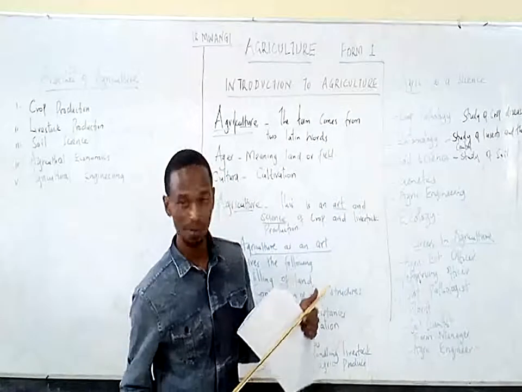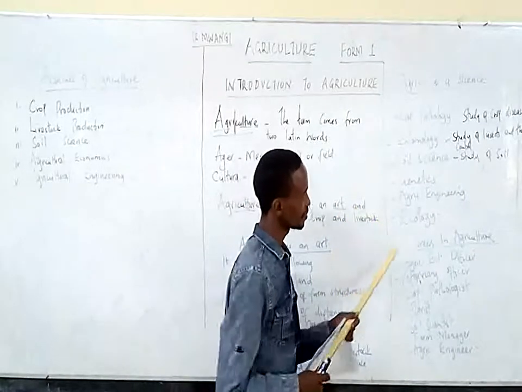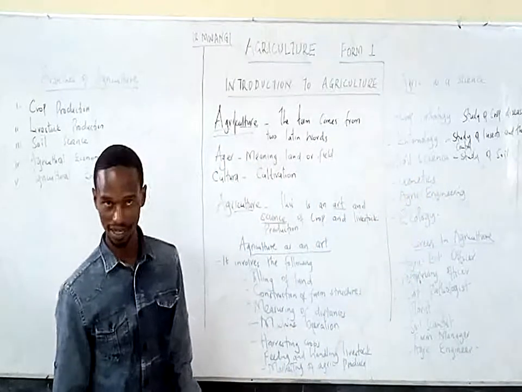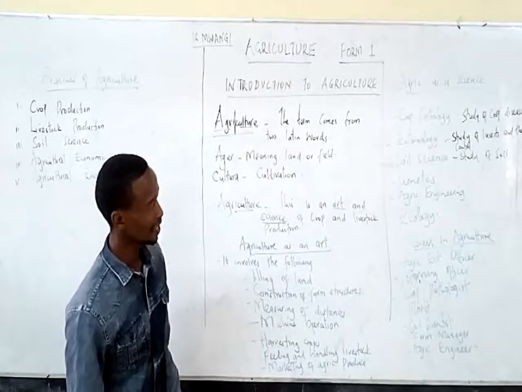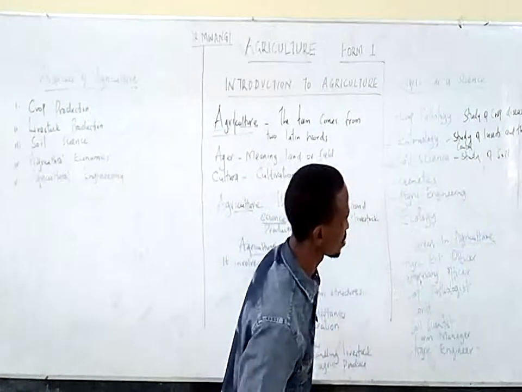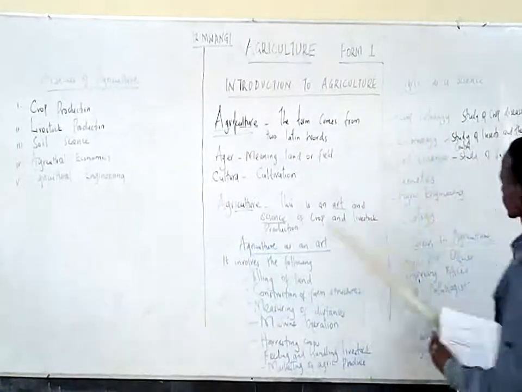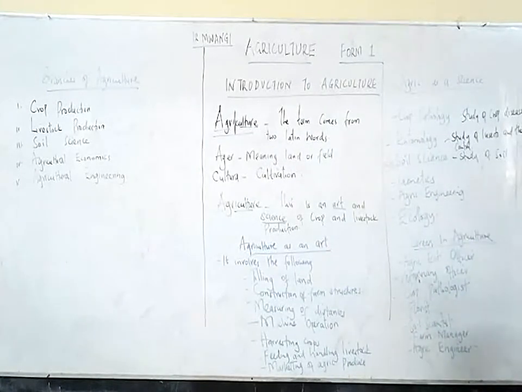So before you engage in any crop production, you must first have an idea of the type of soil that you want to carry out your crop production on. And so it is very important to apply the study of soil science so that you can get the best results.